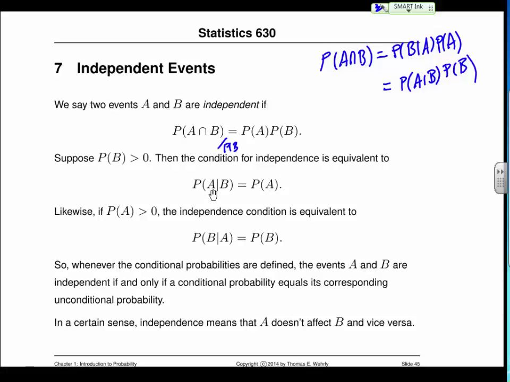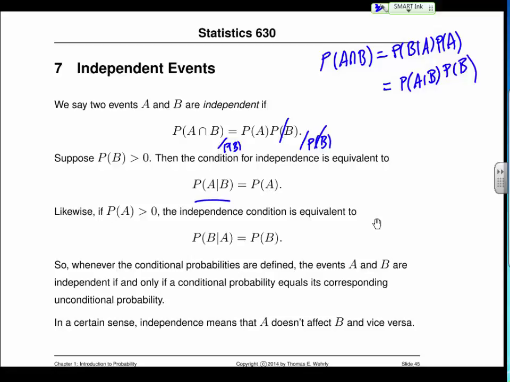This is the conditional probability on the left-hand side, and on the right-hand side, the probability of B cancels out. And so we get that the conditional probability of A given B is just equal to the probability of A. Similarly, if the probability of A is greater than 0, the conditional probability of B given A equals the probability of B.